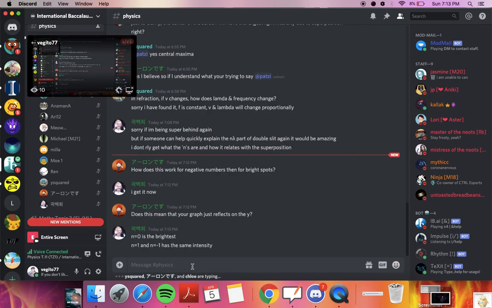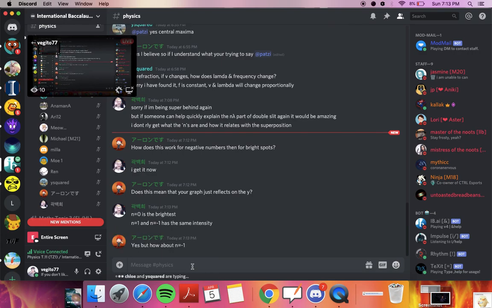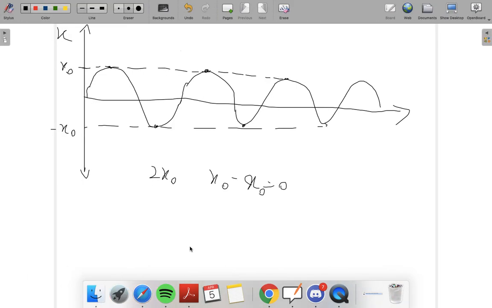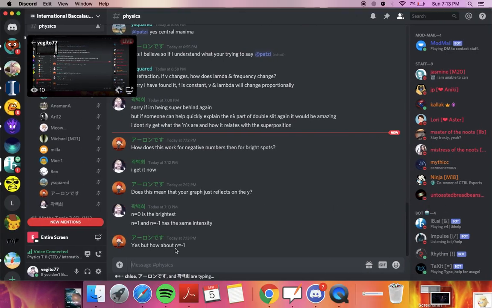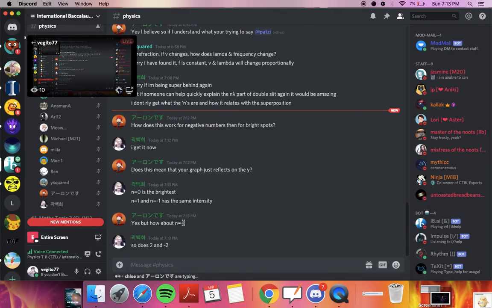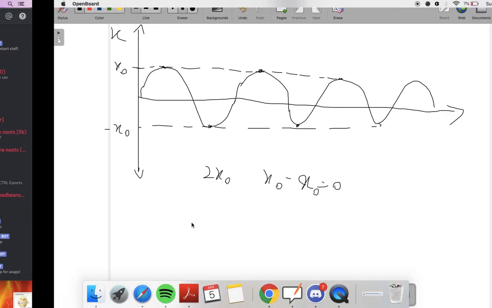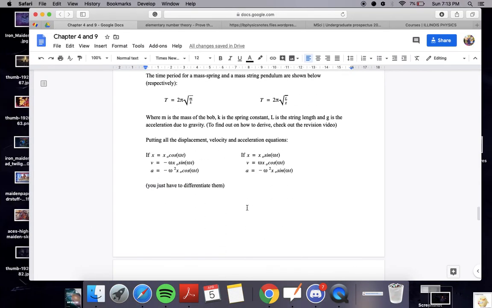How does this work for negative numbers when it's a bright one? Yep, it reflects onto the y as well. So if you have n equals -1, but we don't generally use negative numbers.